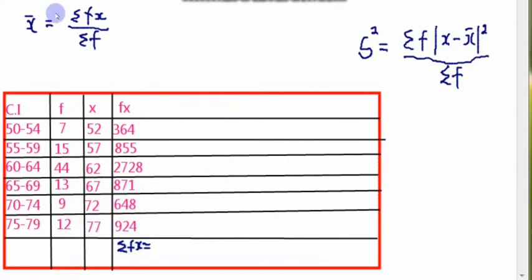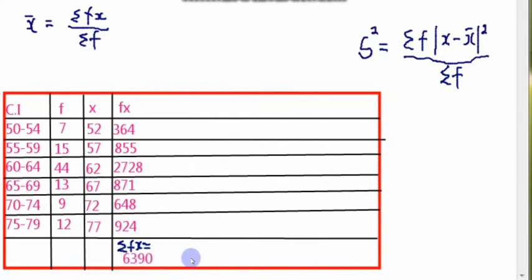The next thing is the summation of FS from the mean formula, which means add everything under FS in the column. If you add 364 plus 855 plus 2,728 plus 871 plus 648 plus 924, when you add everything, you will get 6,390.